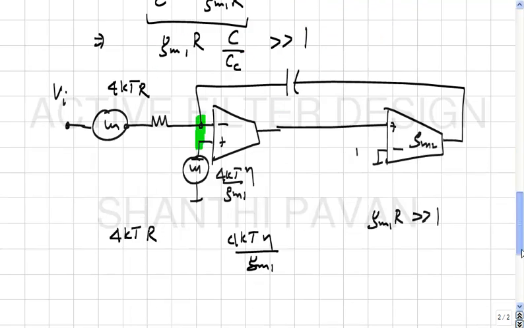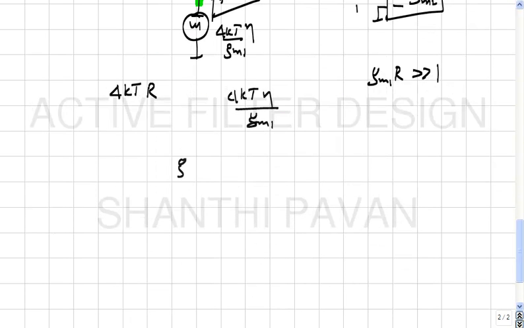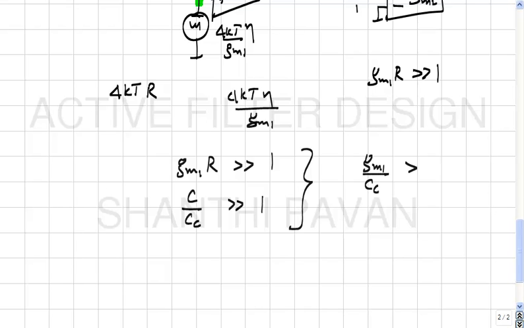So we have two inequalities here: Gm1 times R must be much larger than 1 and C by CC must be much larger than 1, which is equivalent to saying that Gm1 by CC must be much larger than 1 by RC.